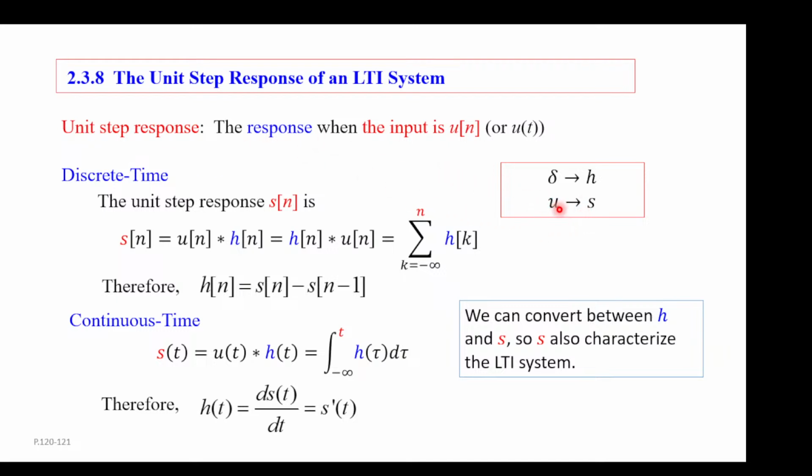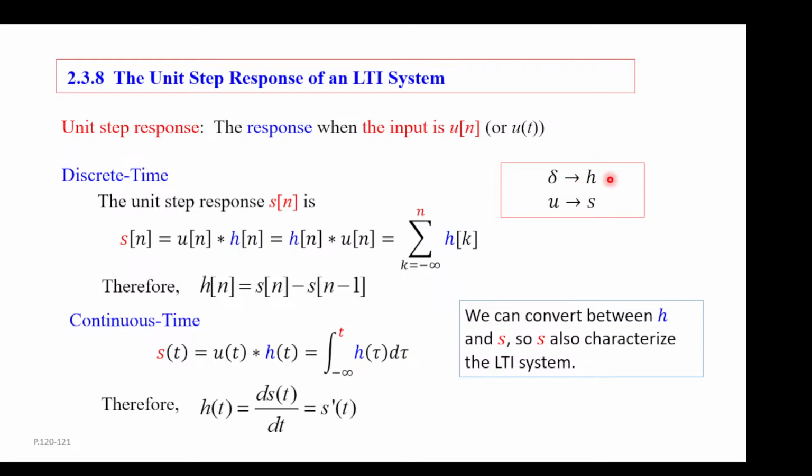The unit step response is very similar. You say your input is u of n or u of t, then the output is the unit step response, and it's usually written as s of n or s of t. It's just whatever response you have with the unit step function as input, and you can express it by h of n.